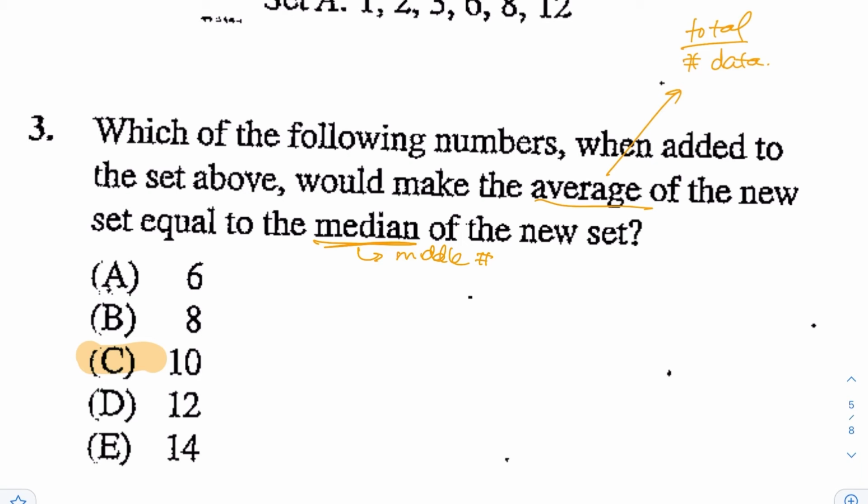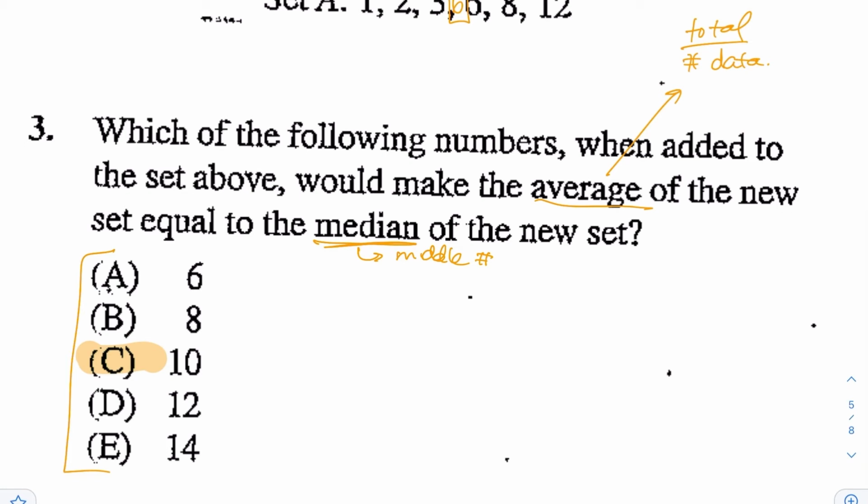So here, if you look at all the choices, well, right now the median is kind of in between 3 and 6. But if you add a number that's 6 or greater, that will actually cause the median to always be 6.